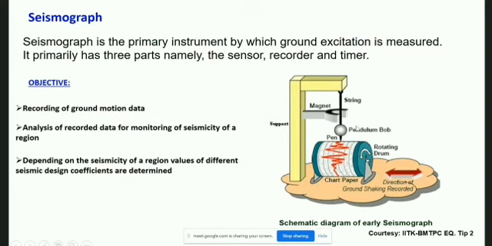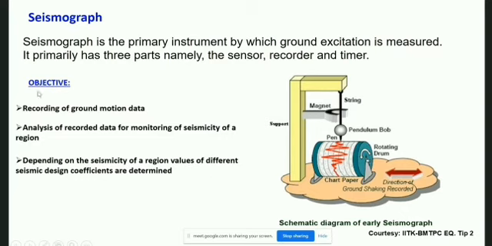So these pendulums swing as the ground moves, and depending on the swinging of the pendulum, here is a pen, so it makes marks, and the drum keeps on rotating with a particular speed. Therefore, we get a graph which gives us the acceleration versus time plot.